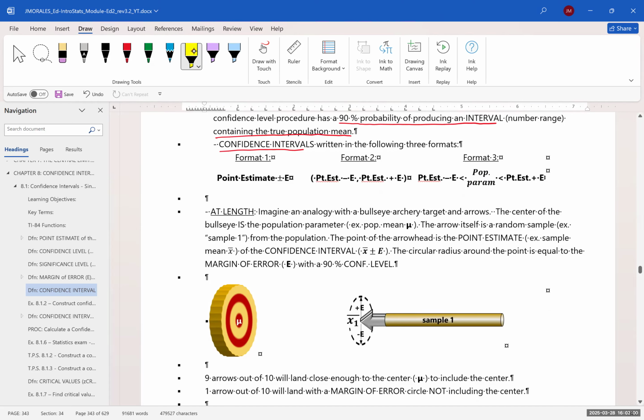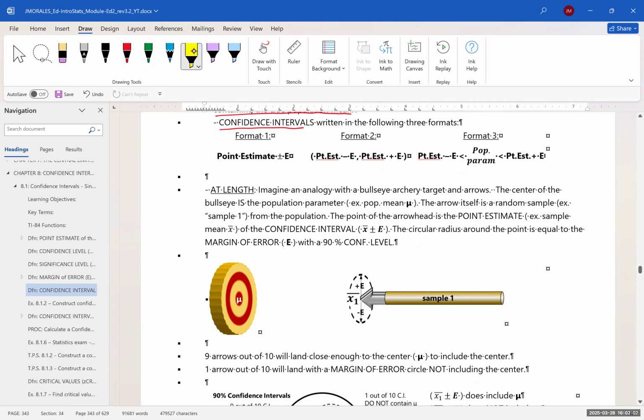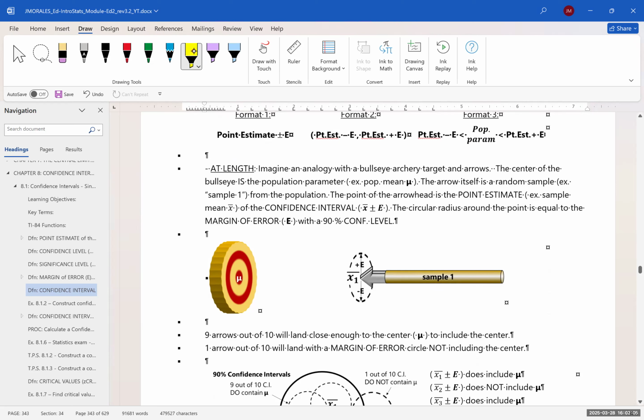At length, to help you understand what a confidence interval is, I'll give an analogy. Imagine an analogy with a bullseye, an archery target, and arrows. The center of the bullseye is the population parameter. So let's say you're trying to determine what the population mean is.